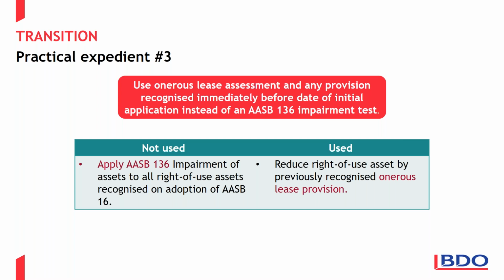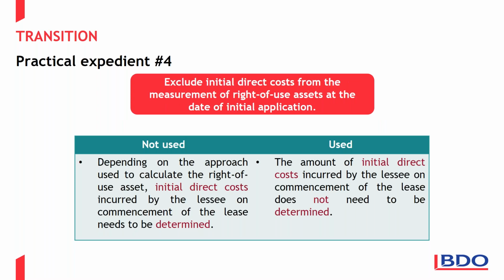So you'll reduce your right of use asset by your previously recognized onerous lease provision, but you don't redo an impairment test on top of that as well. If you look at practical expedient number 4, it is to exclude initial direct costs from the measurement of right of use asset at the date of initial application.